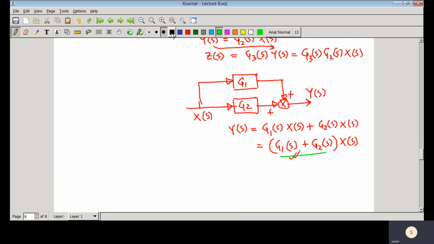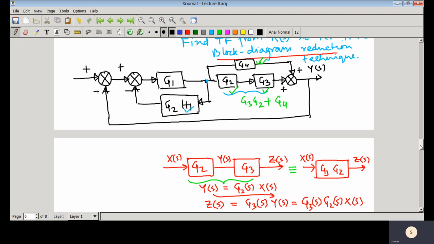Now if we draw the block diagram, you have one comparator here, another comparator here, and you have G1.